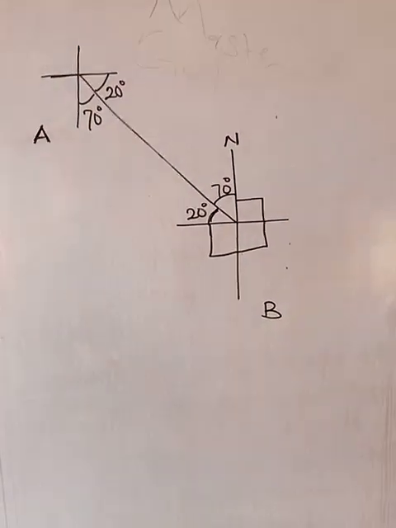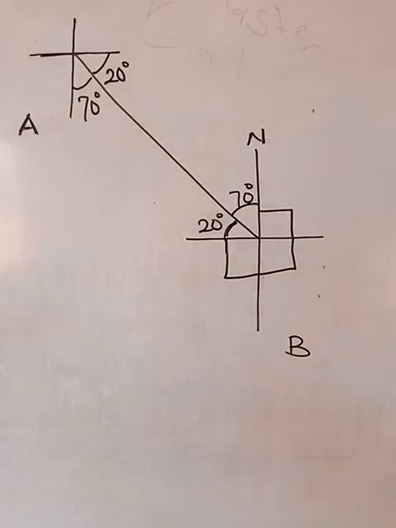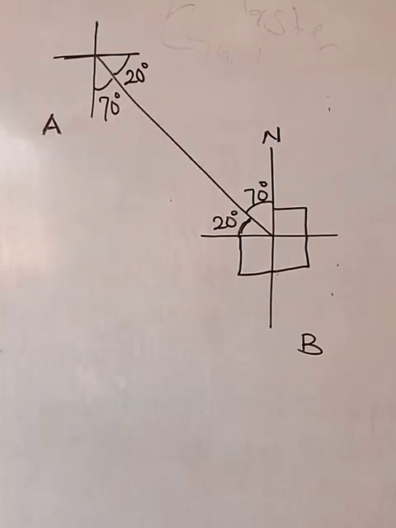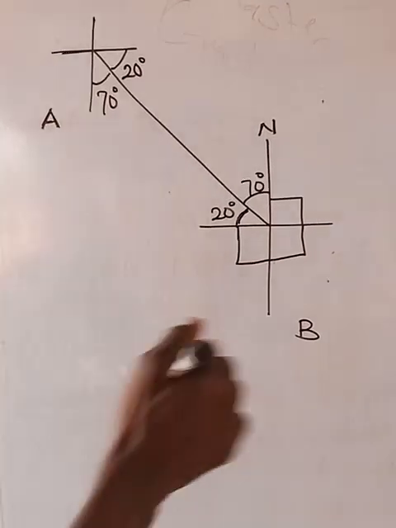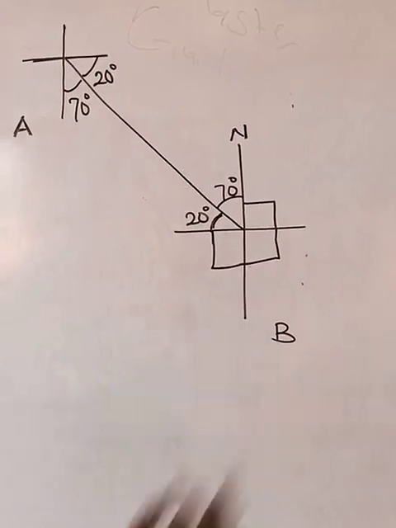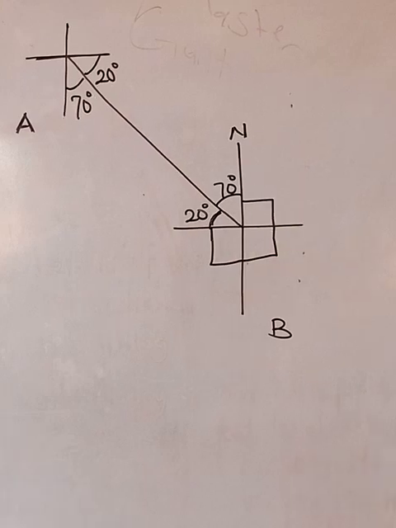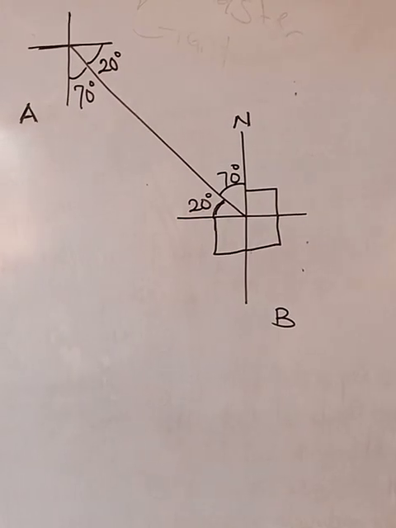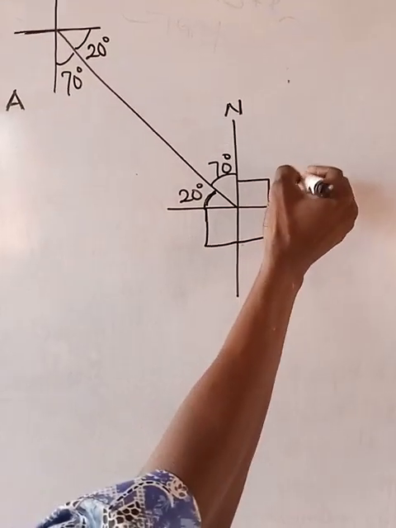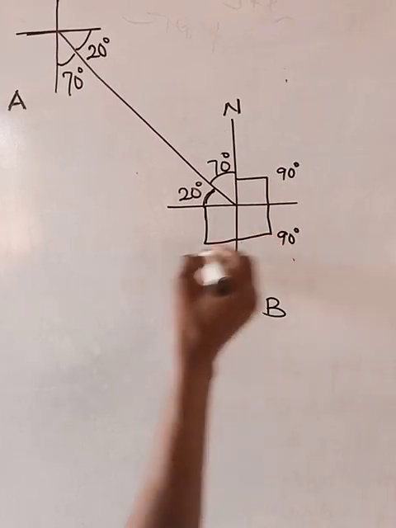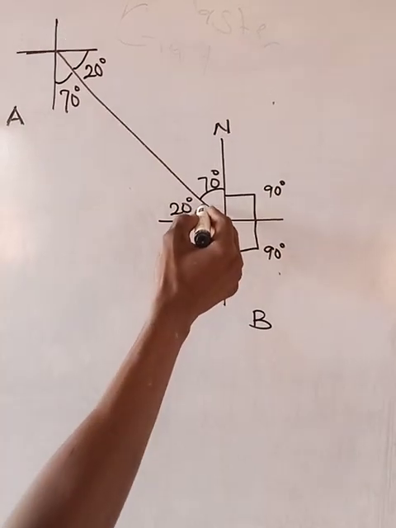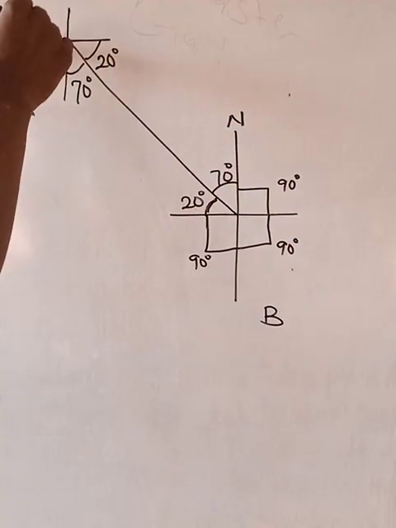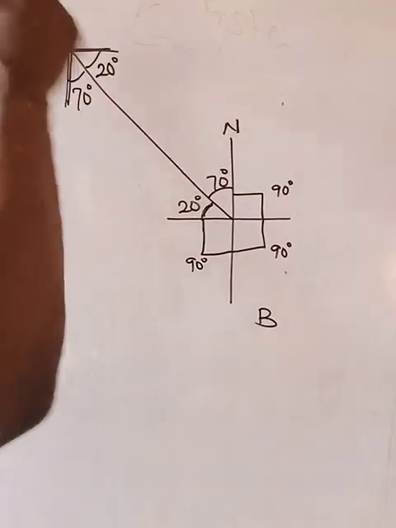This is the interpretation of the question: the bearing of point A from another point B. So you are starting from point B. The bearing of point A from point B is 290: 90 plus 90 plus 90 is 270, plus 20, that's 290. Then you get the point A.